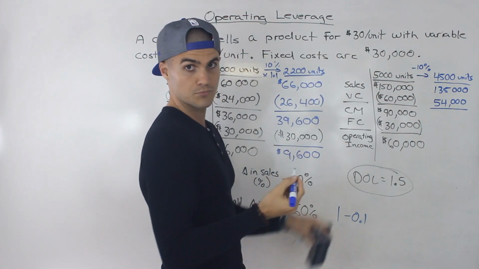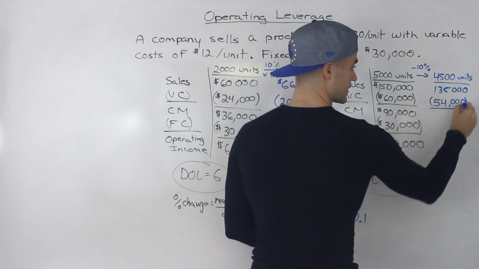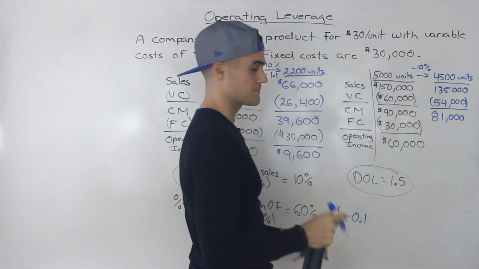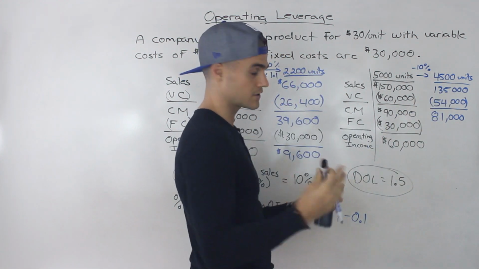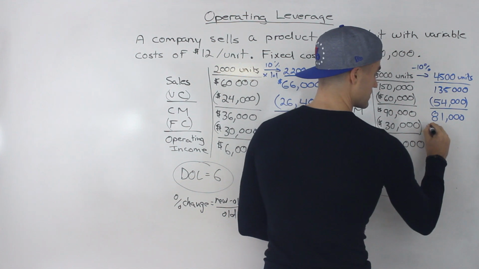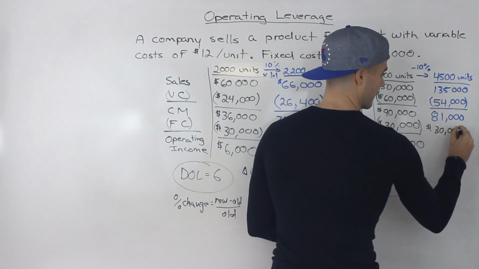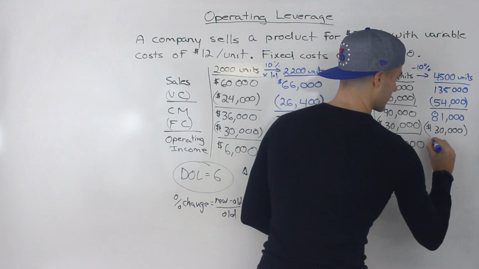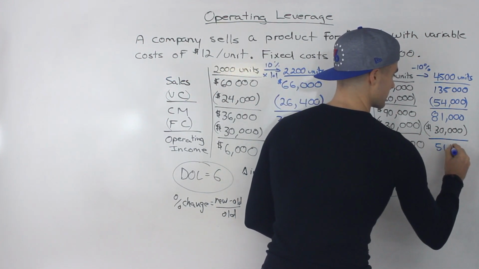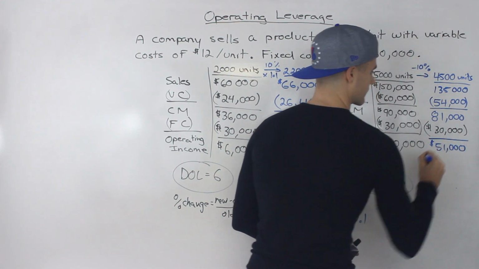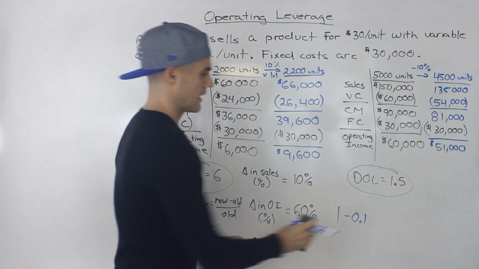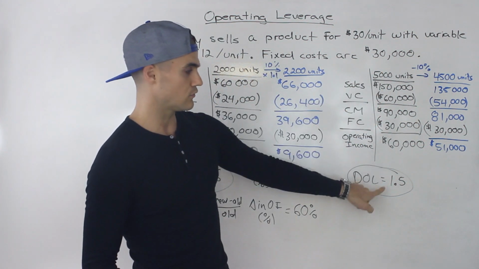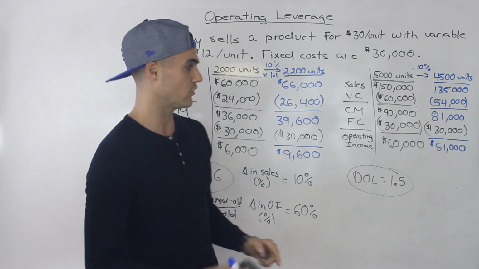And so the contribution margin is going to be 81,000, right? If we subtract those, notice the fixed costs, they're still going to stay the same. They're still going to be 30,000. So what's that new operating income going to be? It's going to be 51,000. Right? And so notice that for this production level, we calculate the degree of operating leverage to be 1.5.